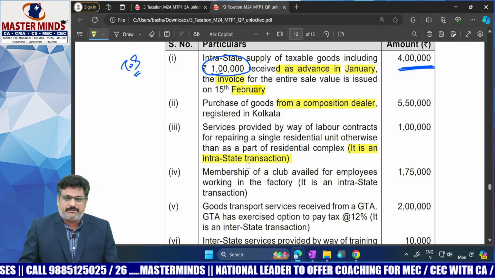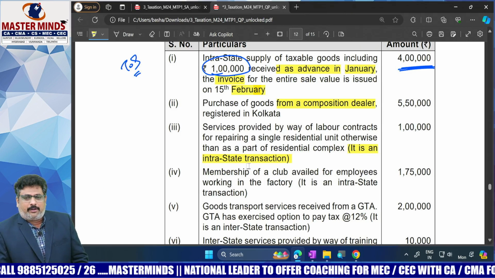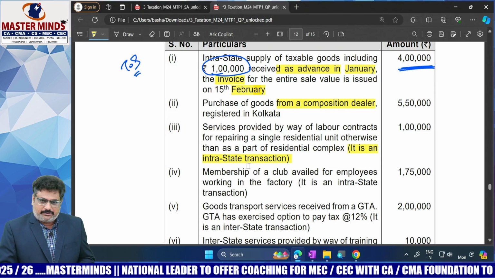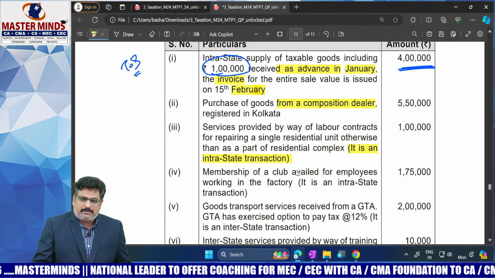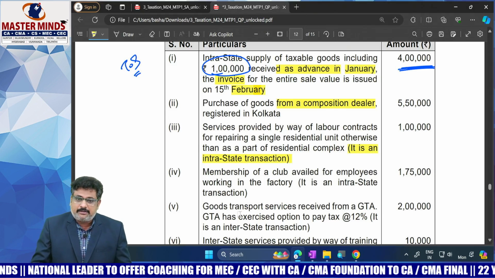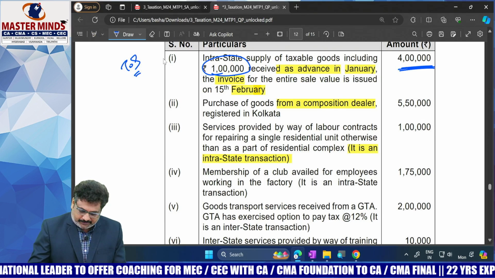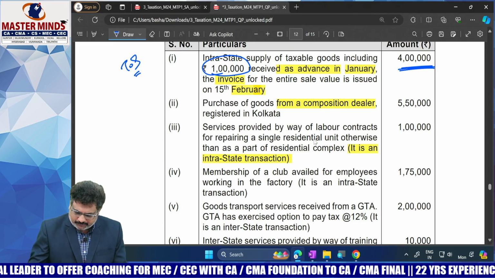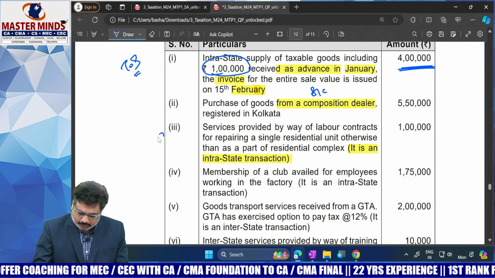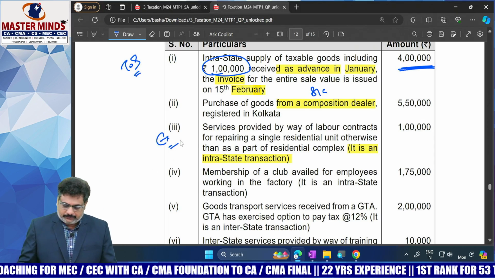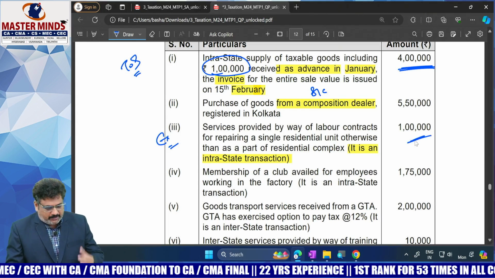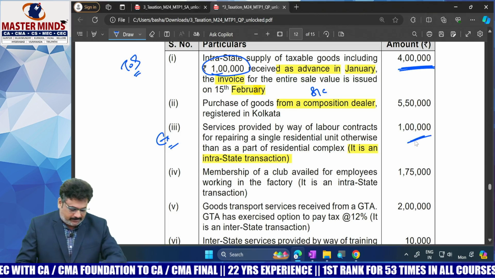If you observe here, if at all it is a construction work, then definitely you can get the exemption. Repairing work, definitely no exemption is there. Therefore, this one is with respect to ITC, and this one is with respect to exemptions. So therefore, is it a taxable supply or a non-taxable supply? Definitely it is a taxable supply.